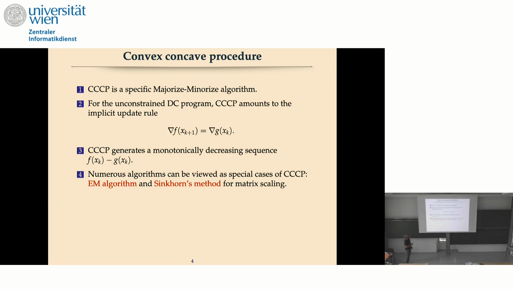And then CCCP by construction generates a monotonically decreasing sequence. And numerous algorithms can be viewed as special cases. I won't talk too much about the applications here, but the notable examples include expectation maximization or Sinkhorn's method for matrix scaling.